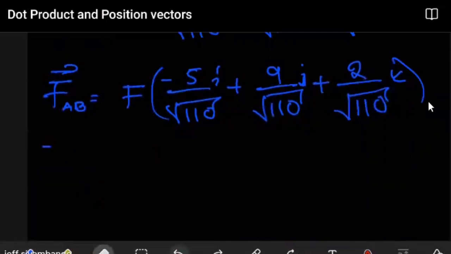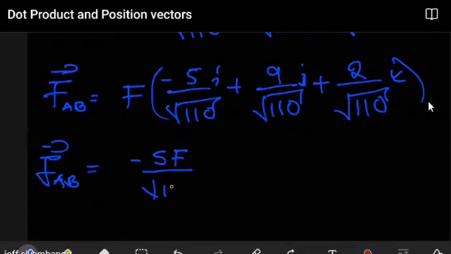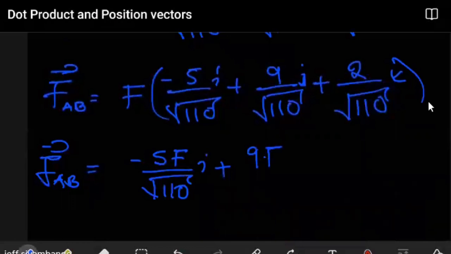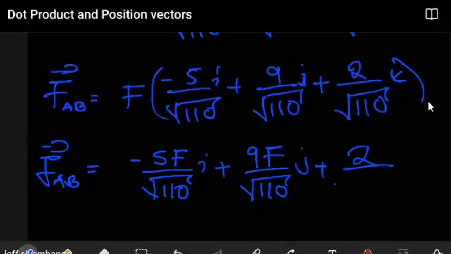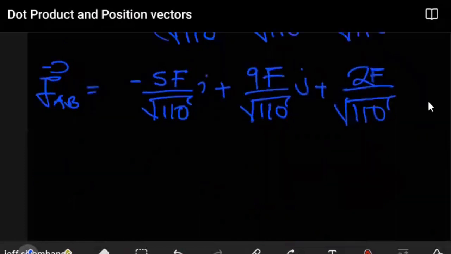Anyway, I want to take the force inside. So this becomes minus 5F over root 110 i, then plus 9F over root 110 j, then plus 2 over root 110, there's an F here, and then we have the direction there, okay?